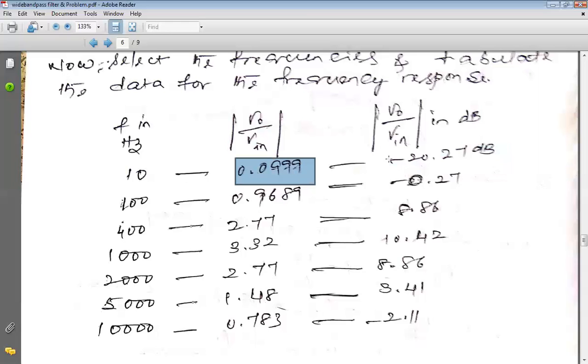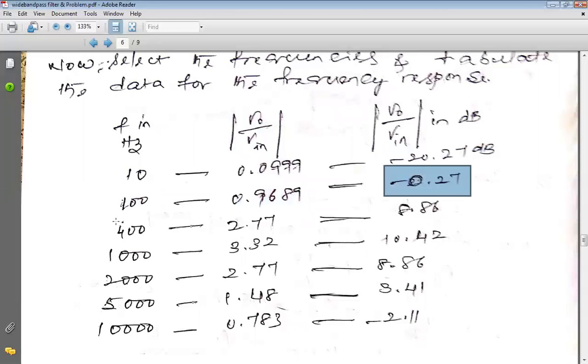Similarly for an input frequency of 100 Hz, I get this magnitude of voltage gain, and in terms of decibels I get minus 0.27 decibels.